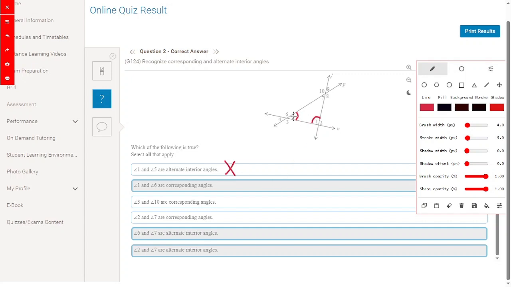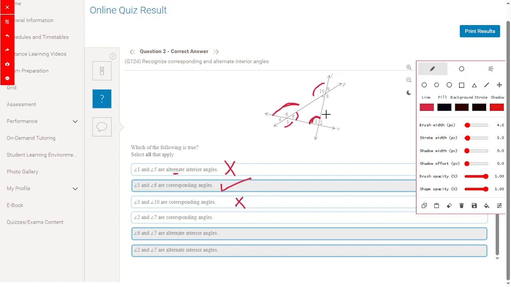It's interior angles only, not alternate. Okay. Now angle 1 and angle 6 are corresponding angles. Yes, one interior and one exterior. Yes, that's the right answer. Now angle 3 and angle 10 are corresponding angles. No, it's not the right answer.